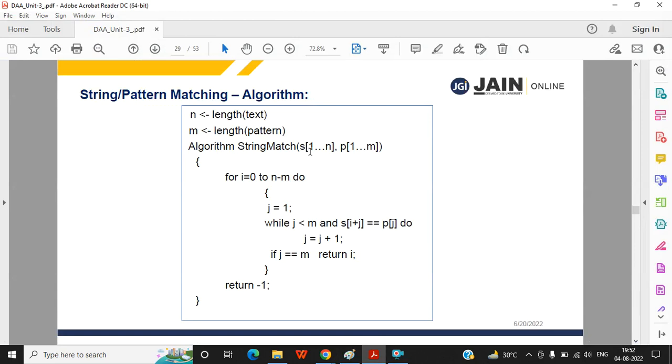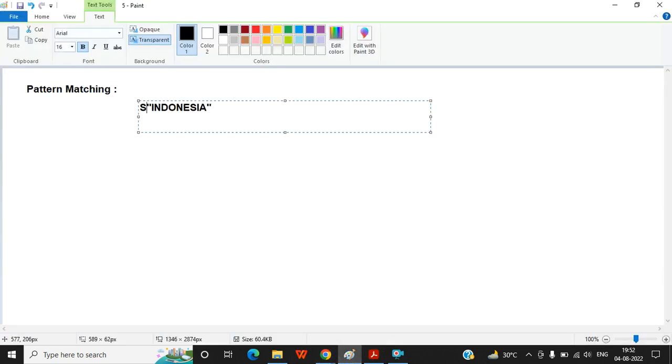N is the length of the text, M is the length of the pattern. So this is your S, and P will be maybe DON.